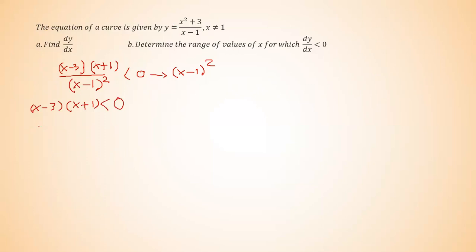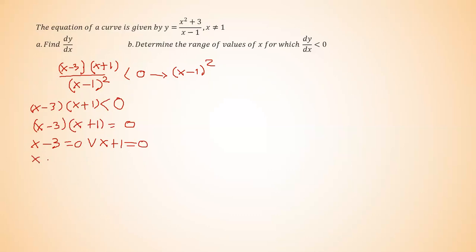We need to set this inequality as an equation: (x minus 3)(x plus 1) equals 0. So x minus 3 equals 0, or x plus 1 equals 0.